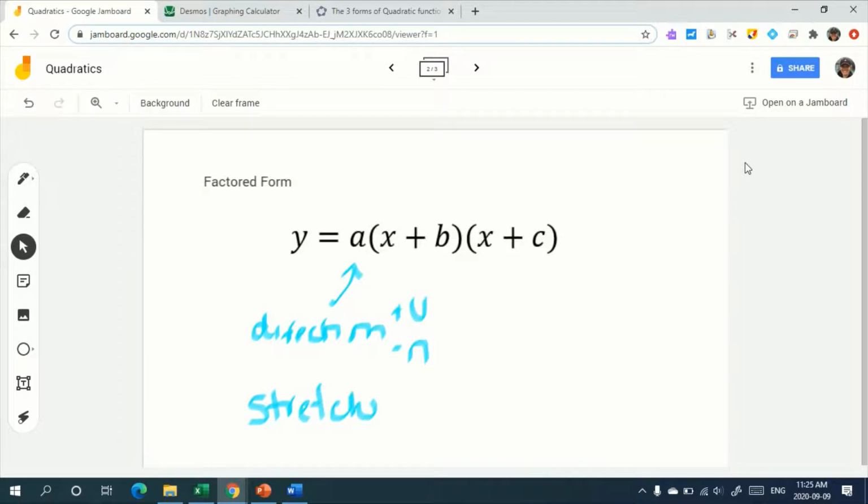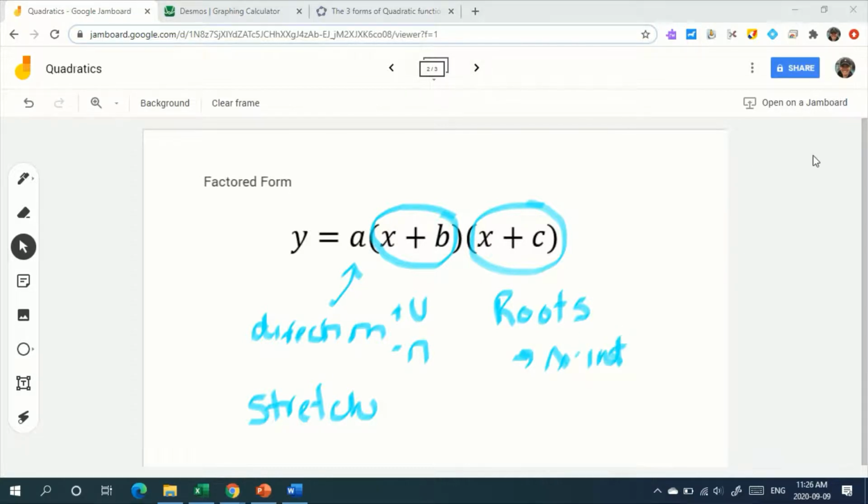The other interesting aspect here is that these two values tell us what are known as the roots. And the roots is another word for the x-intercept. So if I set either one of these values to 0, it means the whole thing will be 0.